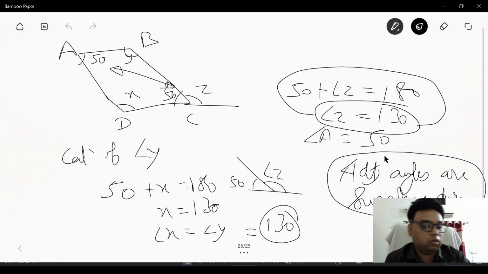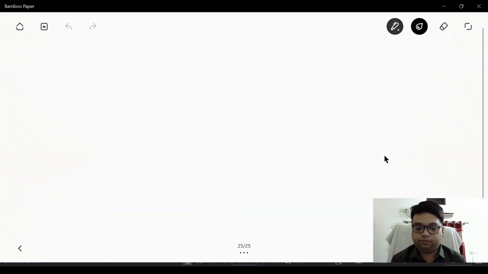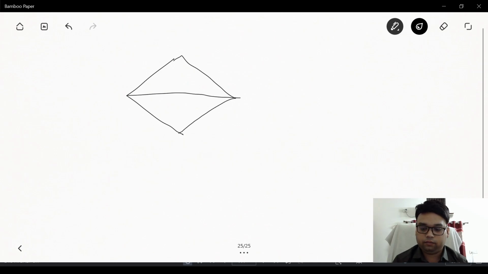Now moving forward to question number 3. What does question number 3 say? The figure given in question number 3 is like this. This is your given figure. This one is angle x, this is angle y, and this one is 30 degrees.